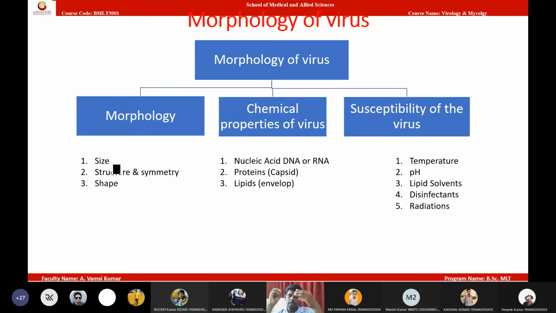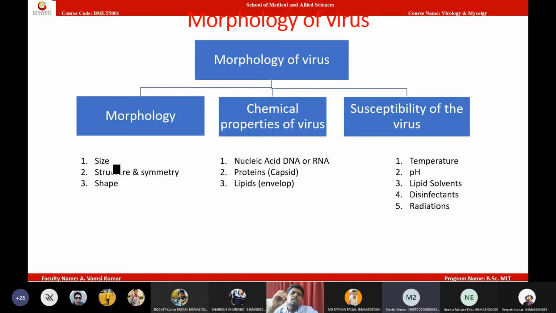Icosahedral, helical, complex. Then what are the properties of an icosahedron? How many facets and how many corners does it have? 20 facets and 12 corners. Very good.